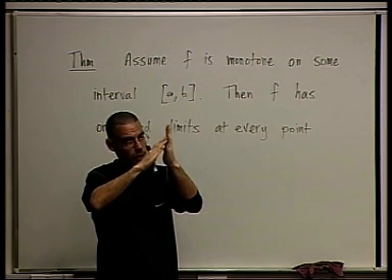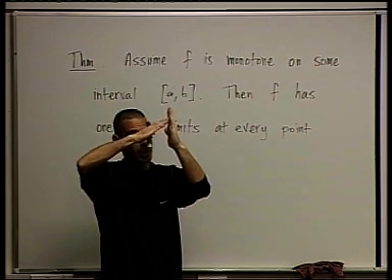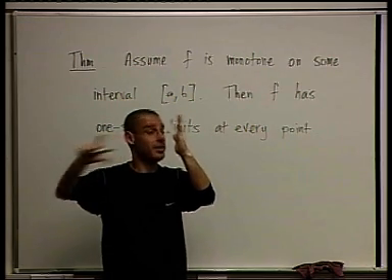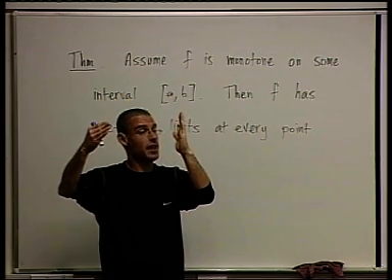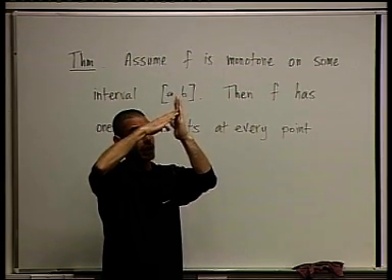The answer is you're going to approach the supremum of the values of the function, because you're going up, up, up, up. That is a set of y values, right? It's going to have a supremum, and that's going to be the limit when you approach from the left.